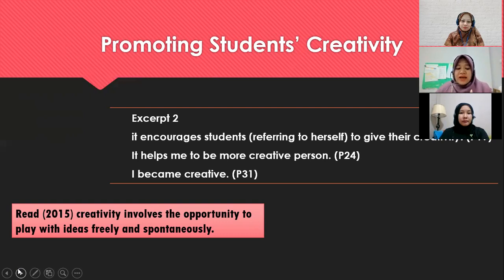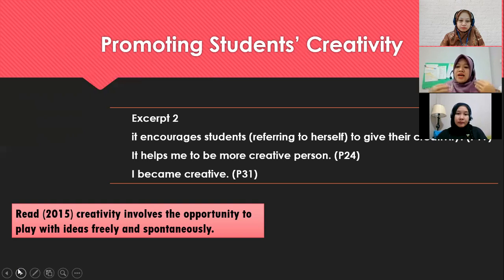to write, and it allows them also to play with the language using a fixed syllable and to feel a sense of control in their L2 linguistics. And it is in line with the study conducted by Reid 2015 that creativity involves the opportunity to play with ideas freely and spontaneously, because they were given a short time to write haiku.